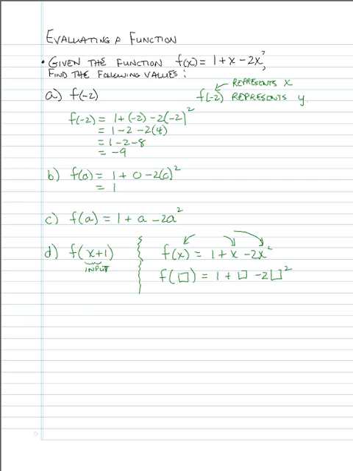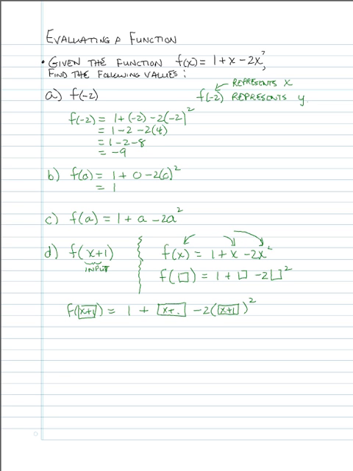But when we want to know f of x plus 1, see, that is our input. And so our formula tells us, well, what do we do to our input? Before we called our input x, but we just have to represent our input. Okay, what do we do to it? We take 1, we add our input, which is x plus 1, then we say minus 2 times our input squared. And of course our input is x plus 1.